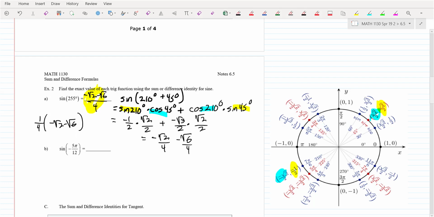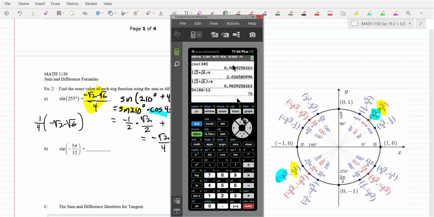All right, next one, let's just convert this to degrees. It's just as easy to do it that way. So negative 5, we know pi is 180 degrees, and then divide by 12. So that's negative 75. So we're just going to work out the sine of negative 75 degrees like that.